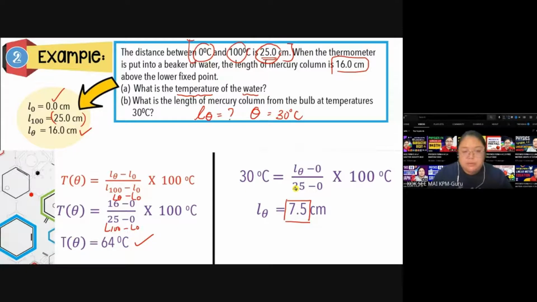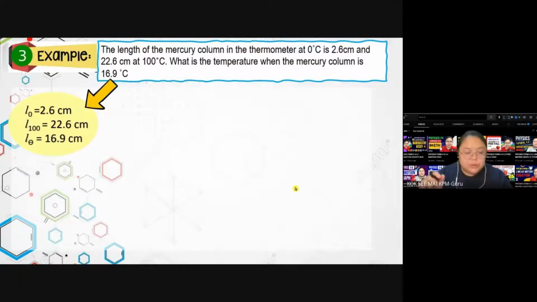Now number 3. Number 3 is your question, so you can refer to your question. We do it together. In the question they give information, so please must write down the info. Info is very important. The thermometer at 0 reads 2.6, so I label L0 as 2.6. And 22.6 is 100.